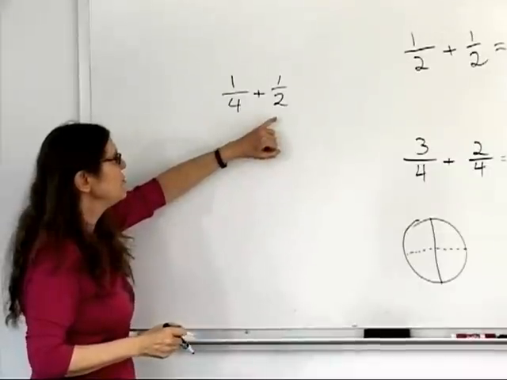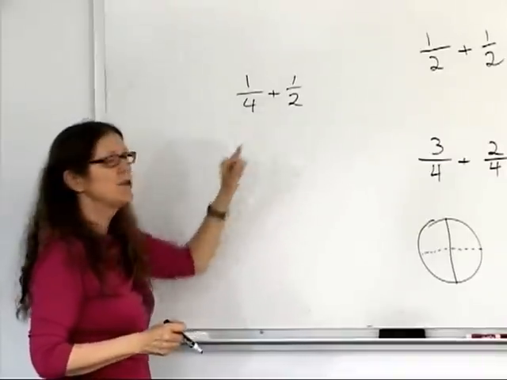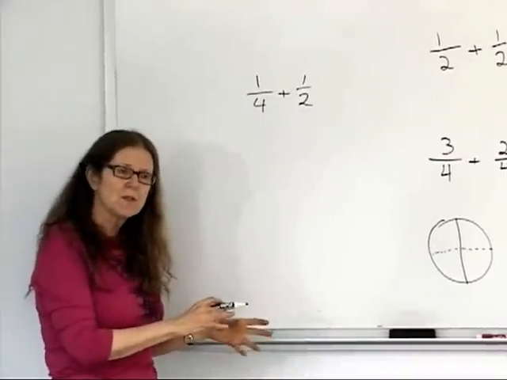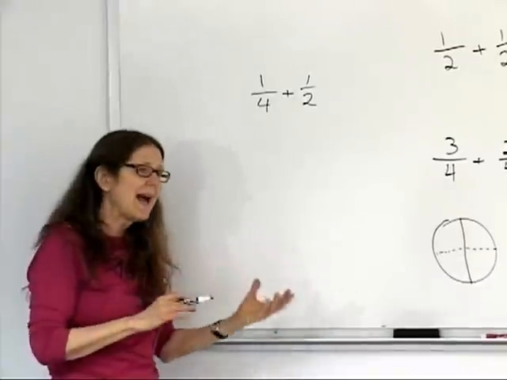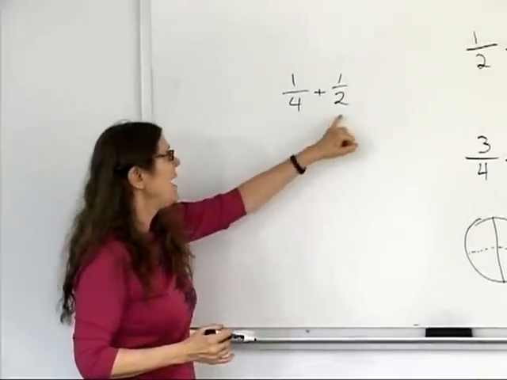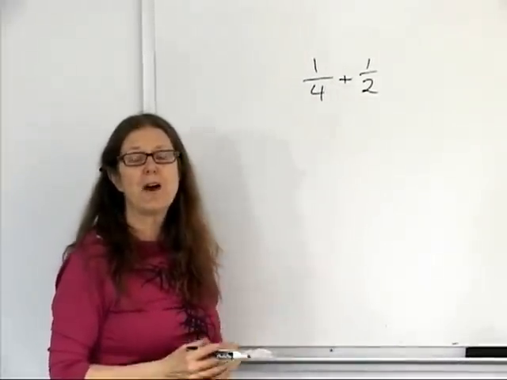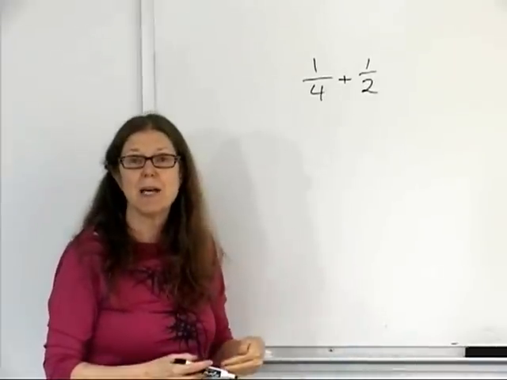Now, in order to understand how to add these, first of all, we can't do it directly because fourths and halves are like apples and oranges. They're different things. We can't add them directly. What we're going to have to do is re-express the problem so that we have two fractions with the same denominator.